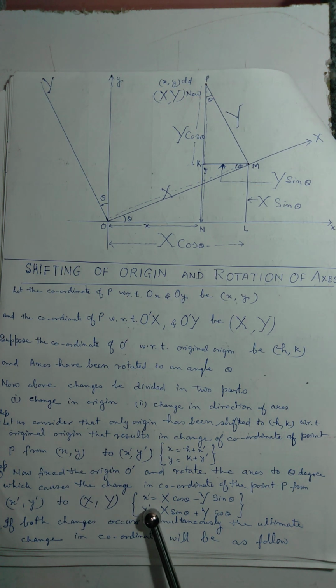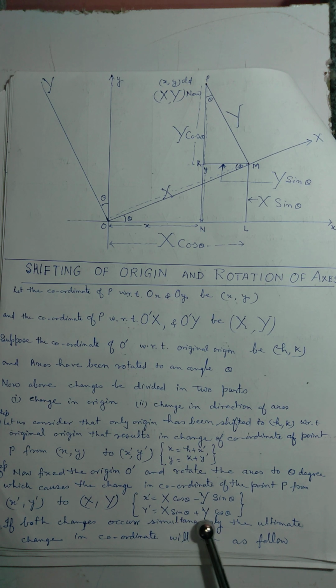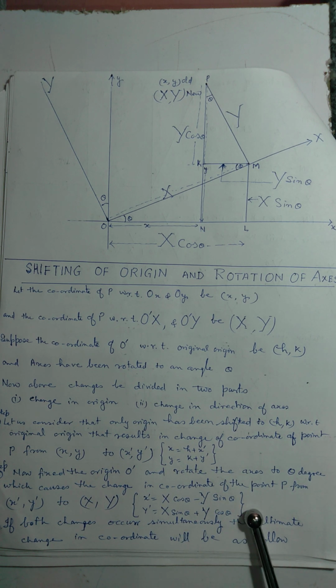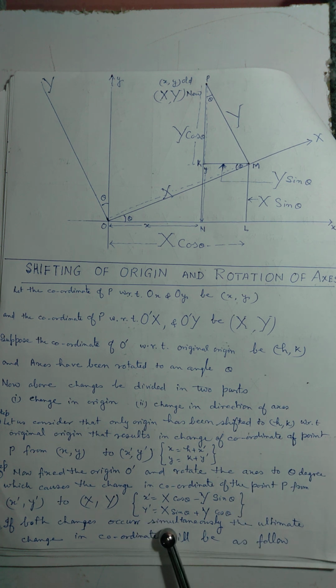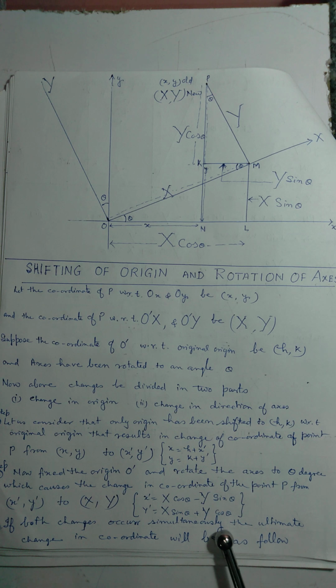So small x dash is equal to capital X cos theta minus capital Y sin theta. Small y dash will be equal to capital X sin theta plus capital Y cos theta.